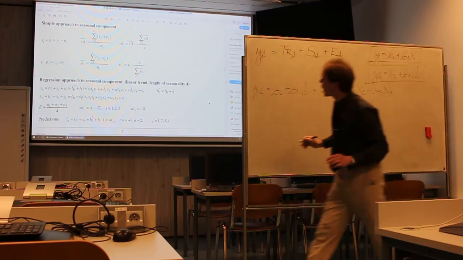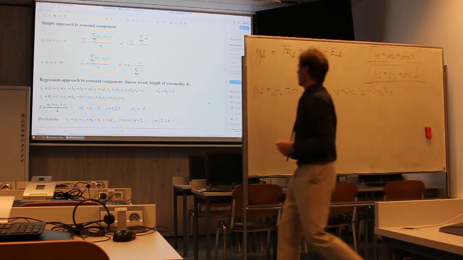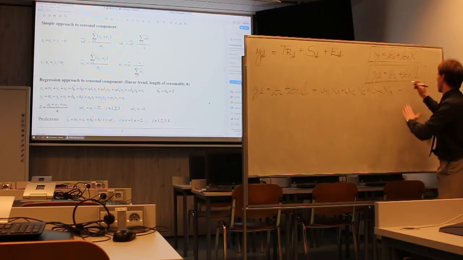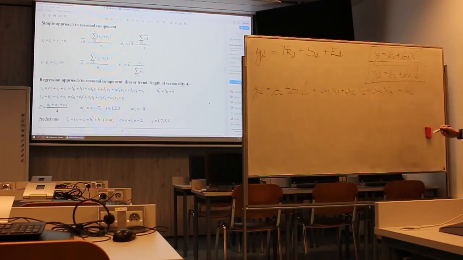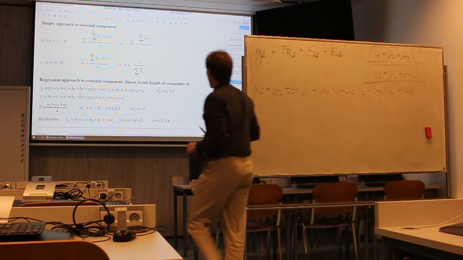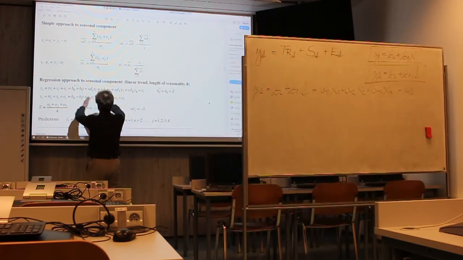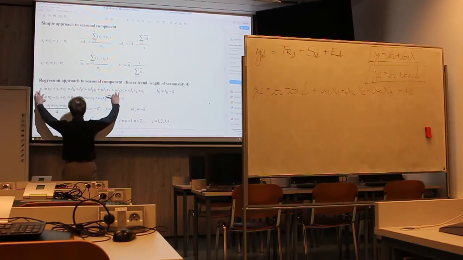Yes, this will be the model error term, plus epsilon or e in time t. So this is the model, and we will continue using this model, the one in the middle.